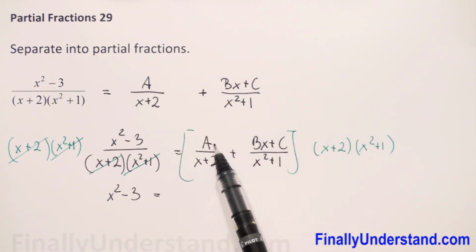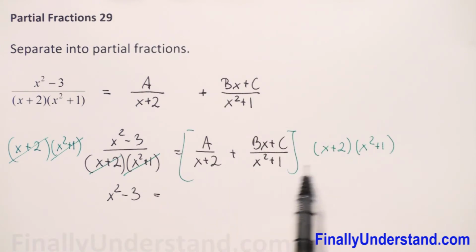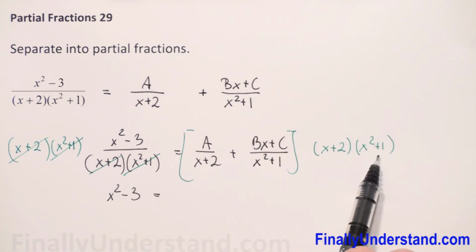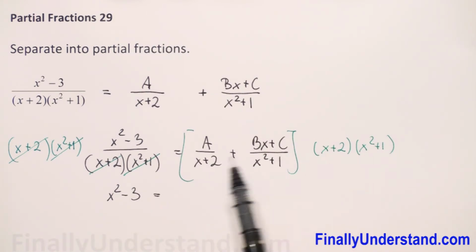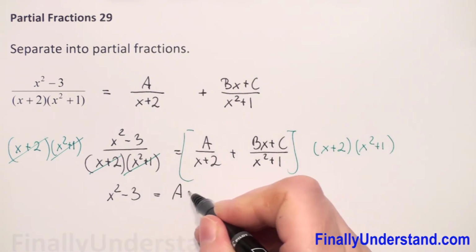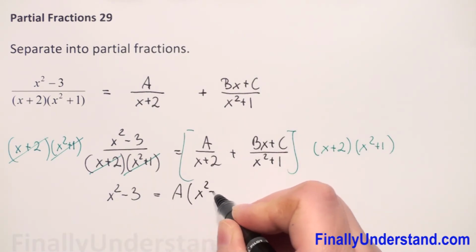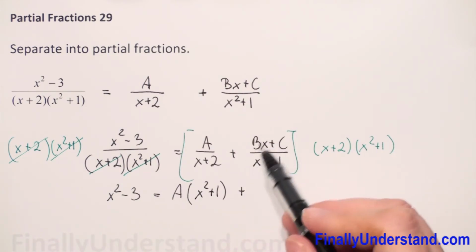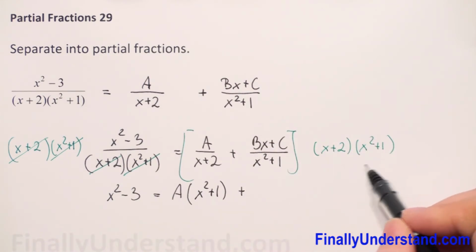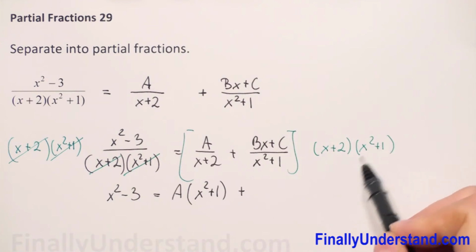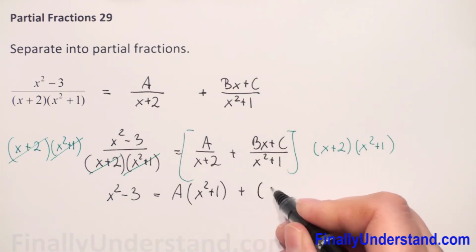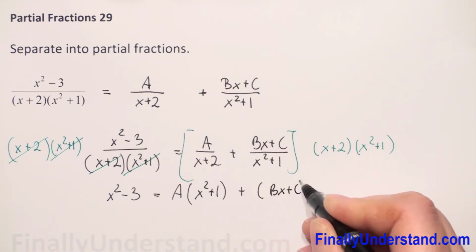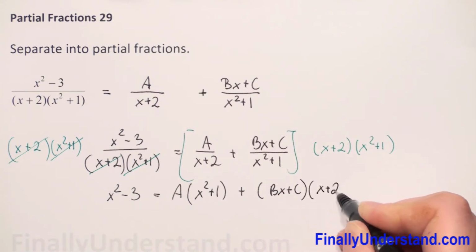When we multiply a over x plus 2 times x plus 2 times x squared plus 1, x plus 2 will reduce and we will have only a times x squared plus 1. Now we have to multiply the second fraction by this whole expression. So x squared plus 1 will cancel and we will have only bx plus c times x plus 2.